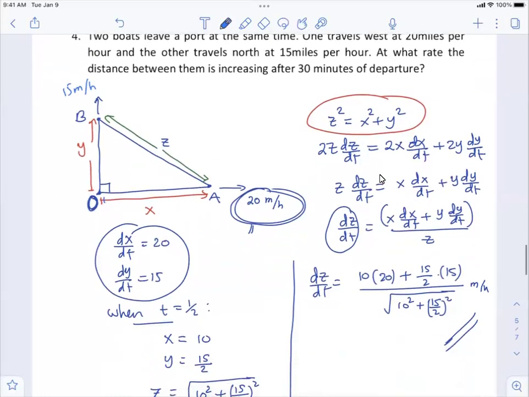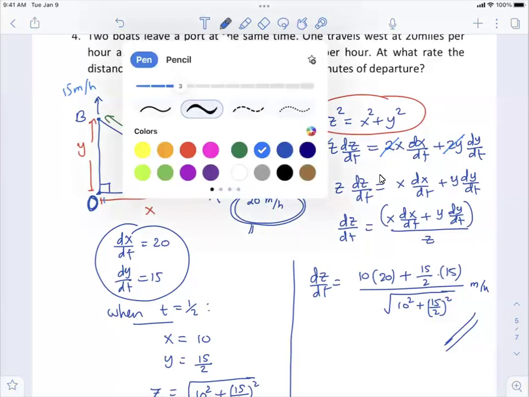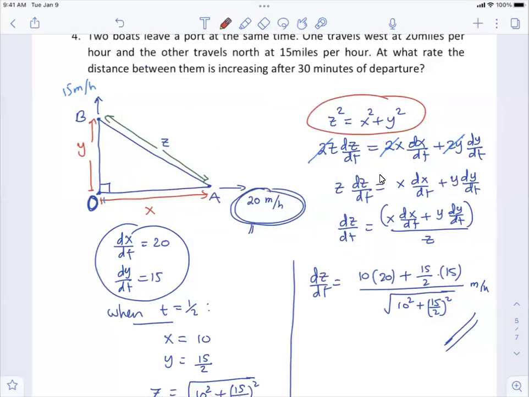And then don't forget, this factor 2 is a common factor to all of them. You can cancel it right away. And then what you need to figure out is dz/dt. To find it, divide both sides by z, and then you end up getting this formula.